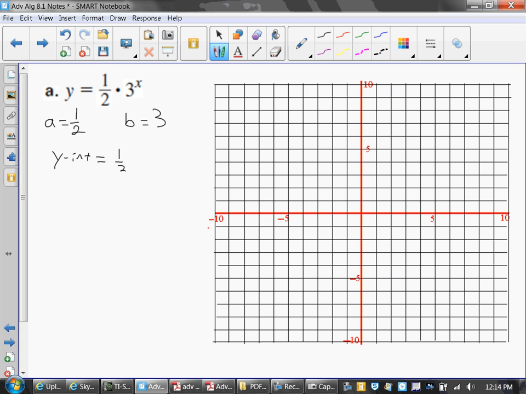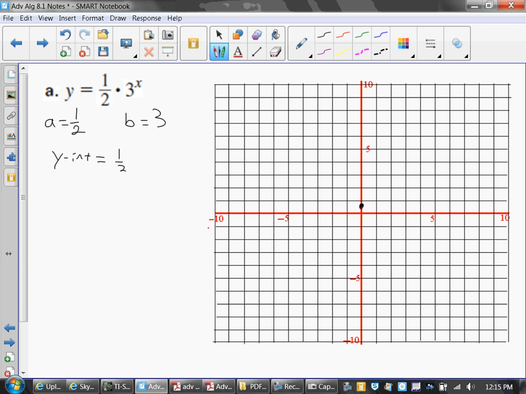It's always the value of a. Remember, the reason the y-intercept is the value of a: when you have a y-intercept, what is x equal to? 0. Anything to the 0 power is always 1. 1 times 1/2 is 1/2. So I know right away, without having to do anything, I have a y-intercept at 1/2.